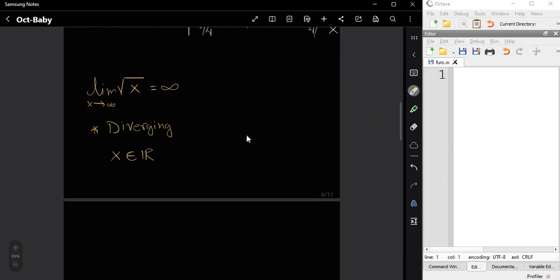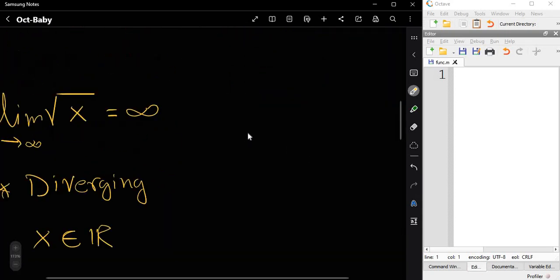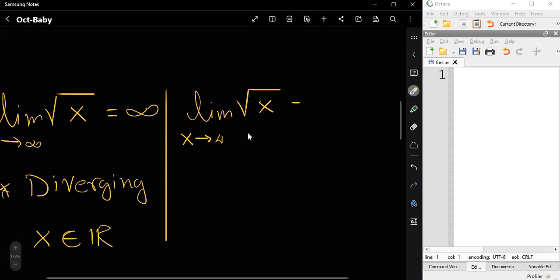But we can also make x approach a real value. We can make, for example, x approach 4, and as x approaches 4, the function tends to 2.